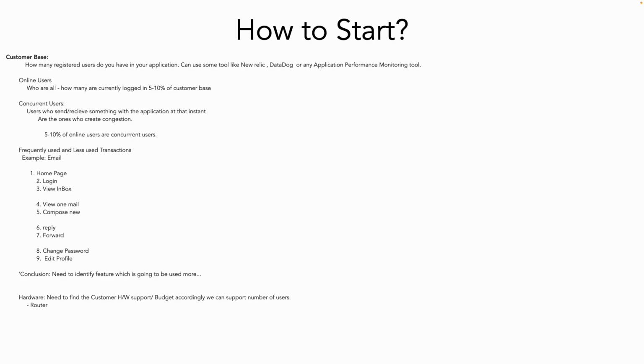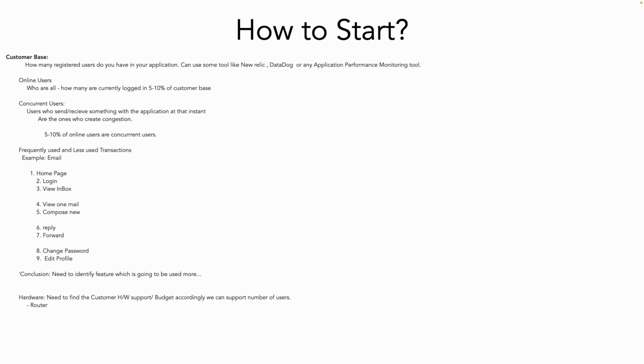So the thing is how we can identify the customer base, meaning how we'll come to know how many users there are. There are some tools like New Relic, Datadog, or any application performance monitoring tools. There are so many APM tools in the market.